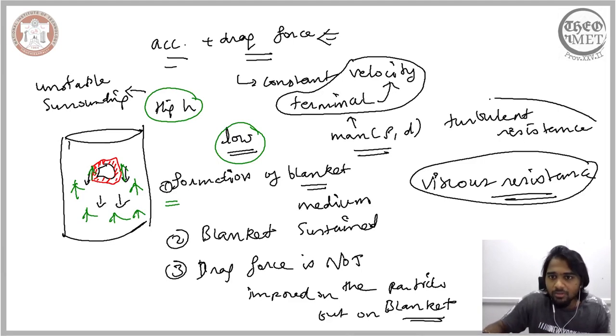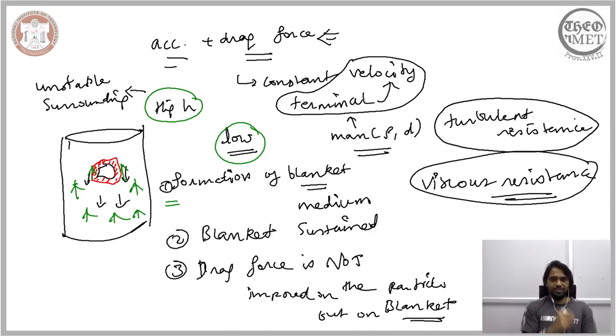So depending on the velocity with which the particle is progressing across the medium, we can have two different drag forces or two different forms of resistance. When the particle is falling at a very high speed, the resistance is experienced directly by the particle, between the medium and the particle itself. That we refer to as the turbulent resistance. We don't have any buffering medium between the particle and the ones that are offering the resistance.